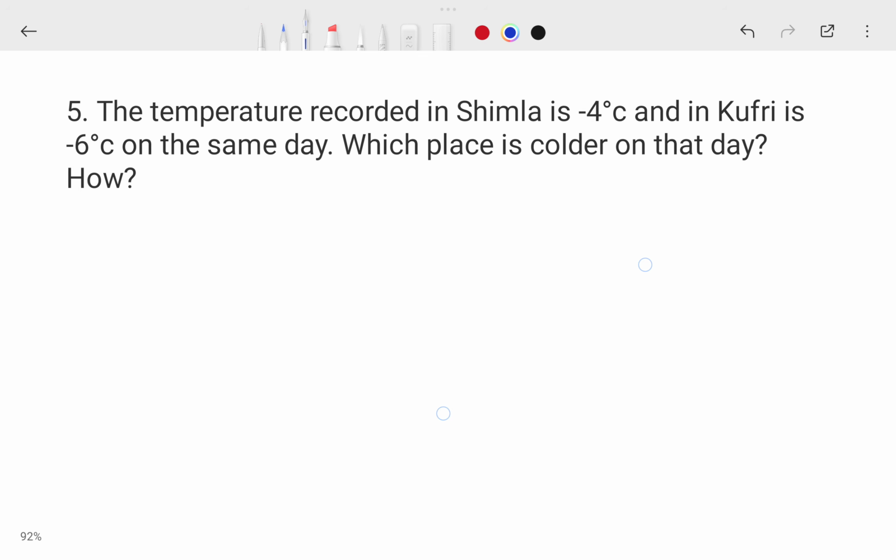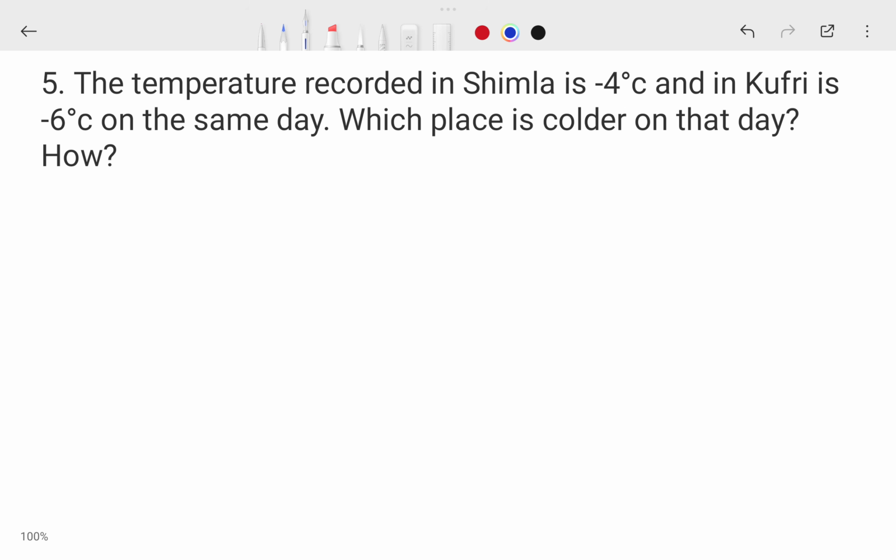So the 5th question is telling that the temperature recorded in Shimla is -4 degrees Celsius. So what is the temperature of Shimla? I will write here: the temperature of Shimla is -4 degrees Celsius.